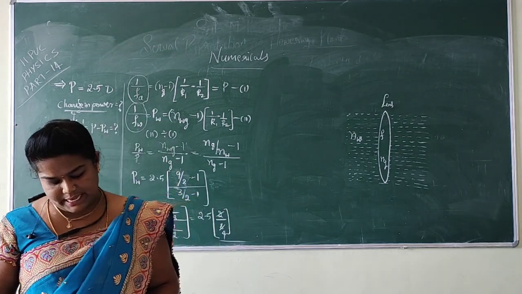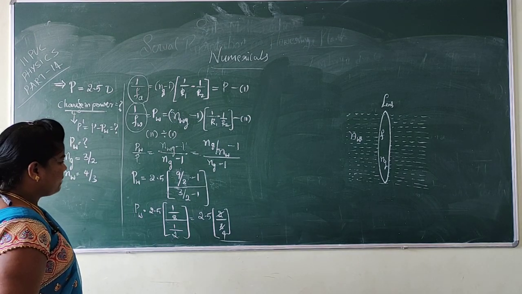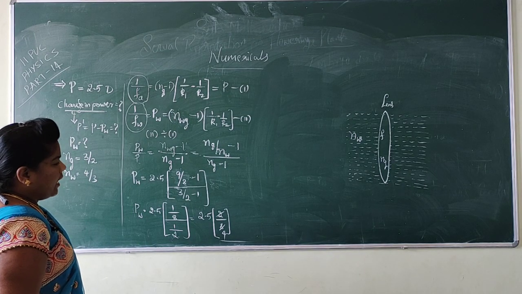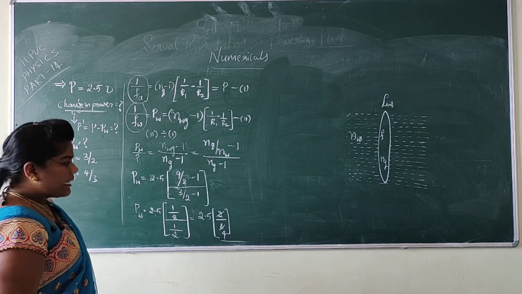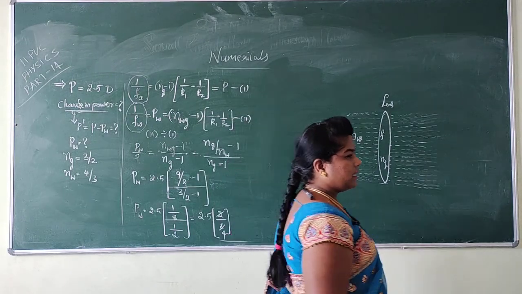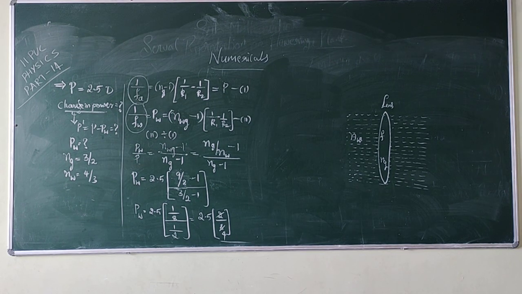So how to do this exactly, my dear students? We are multiplying 2.5 into 1 by 4. You can use a calculator and put the answer. Otherwise 25 by 10 into 4 becomes 25 by 40. Obviously you will get a decimal answer. Hope you did it.